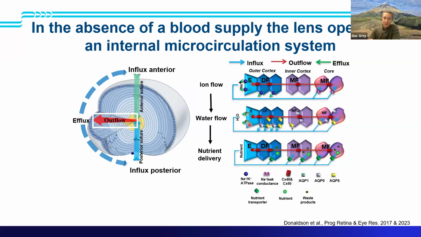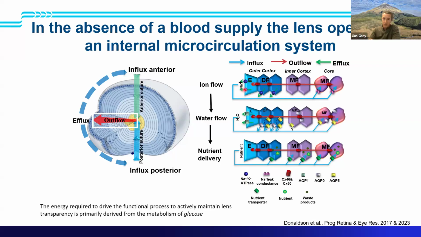So why am I telling you about this extensive and complicated lens transport system? Well, the energy for driving this microcirculation is derived from glucose, of course. Glucose metabolism, formation of ATP, and then those sodium potassium ATPases utilizing that energy to support lens transparency.